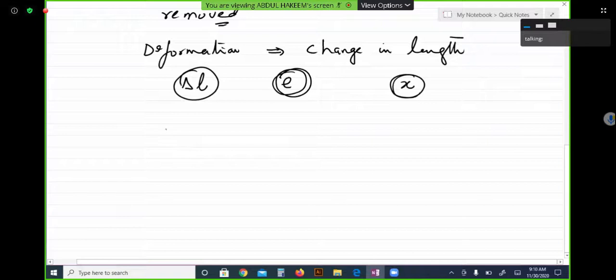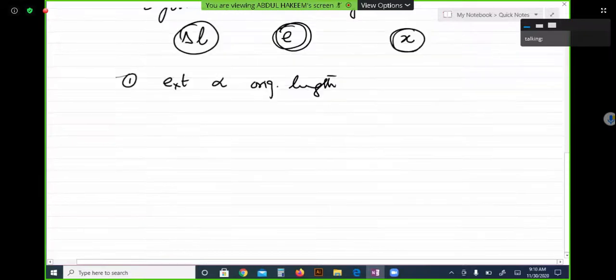Now this deformation, this extension or compression, depends on the original length of the material. Longer the material, more the extension with the same load.